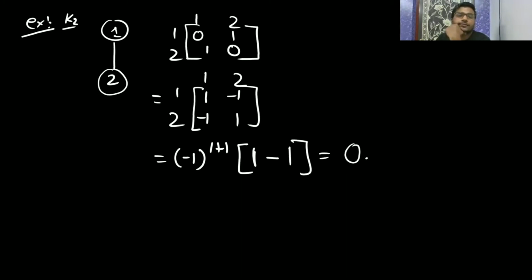So 1 to 1 is 0, 2 to 2 is 0, so 0 is replaced by degree 1 minus, but it is giving 0.